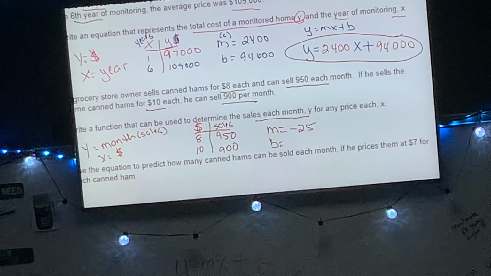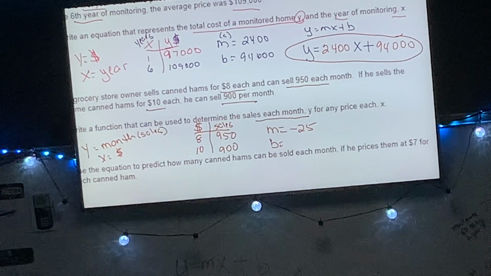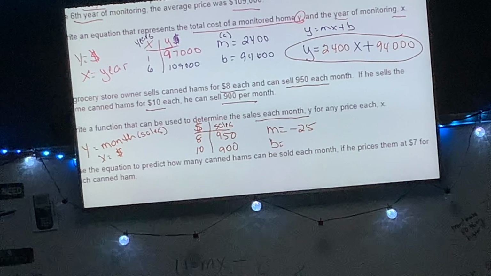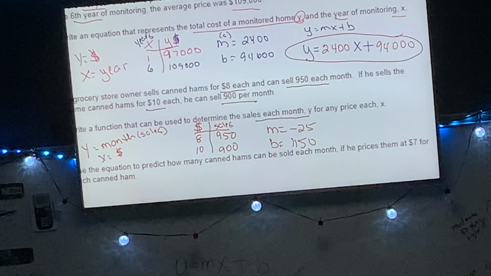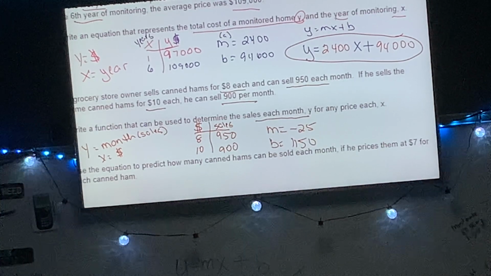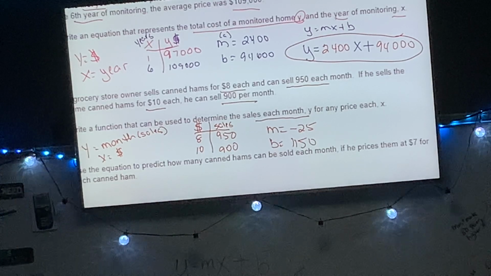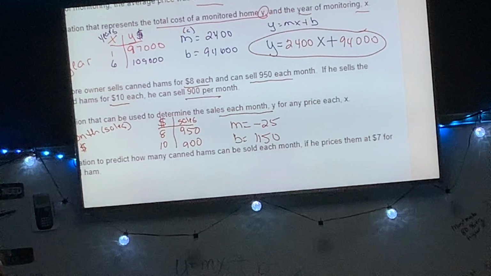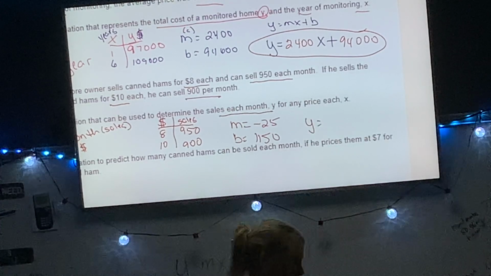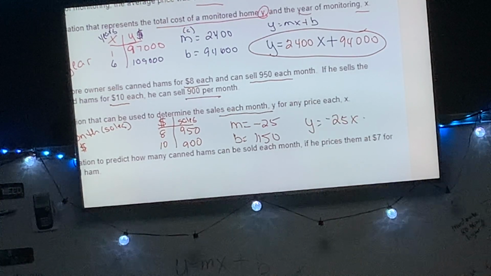And what did you get as your y-intercept? 1150? Perfect. It's 950 and 900. Yeah, I see that. So my slope-intercept equation is y equals negative 25x plus 1150.